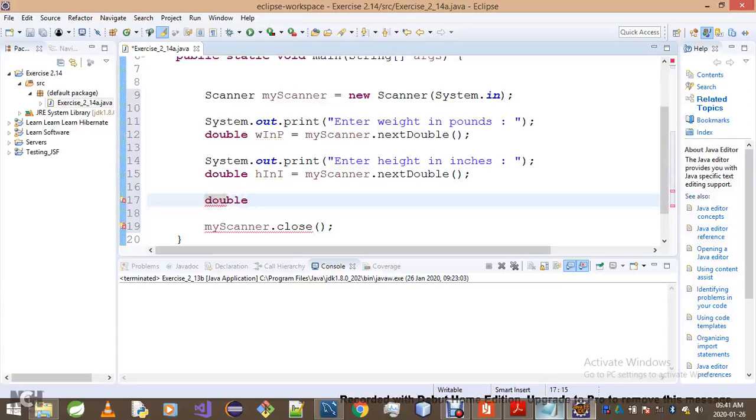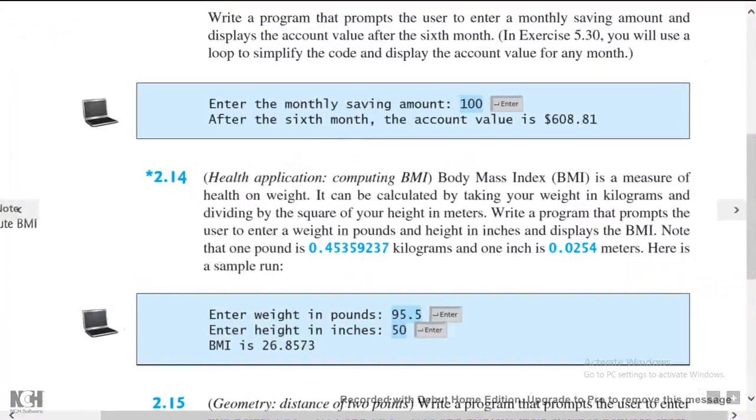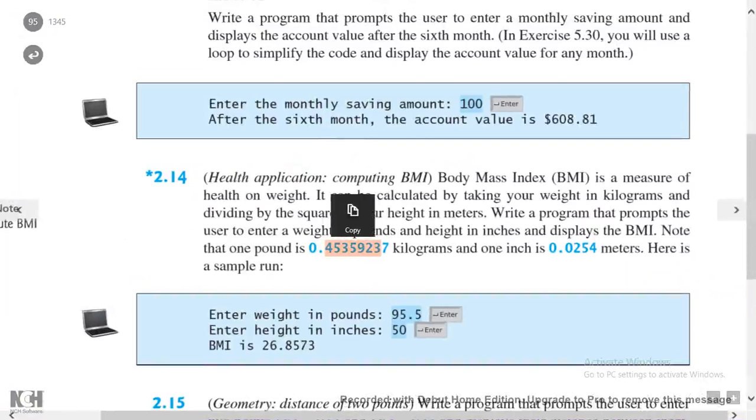So we need a double variable to hold our weight in kilograms, so we're gonna go weight in kil. And that has got to be this number here.